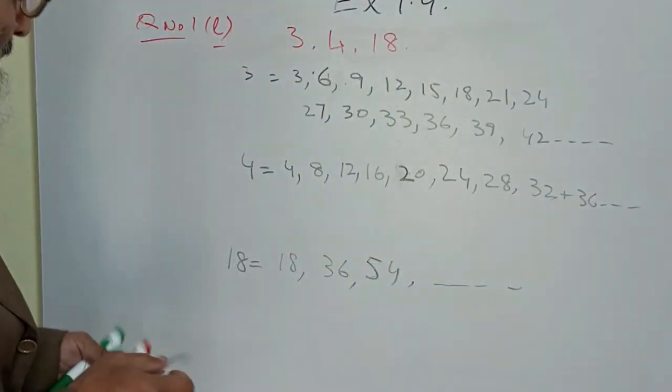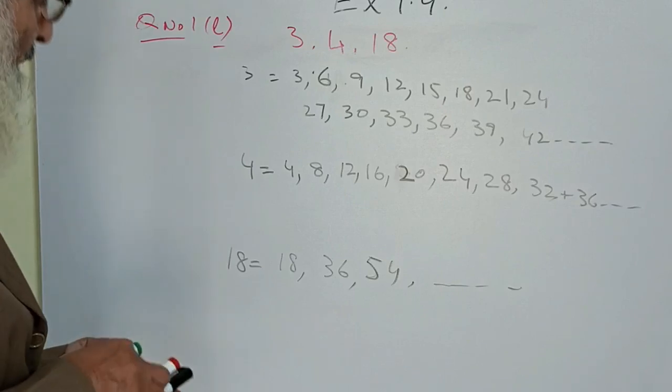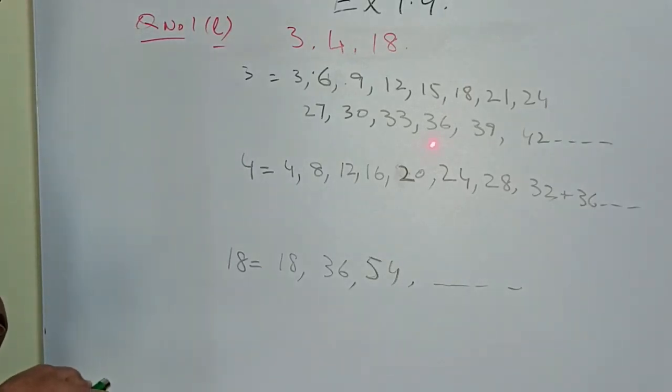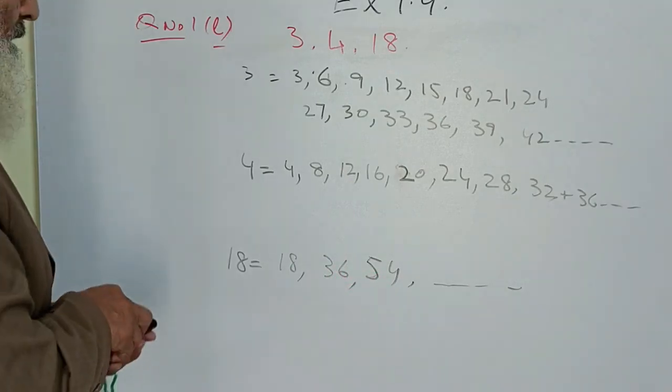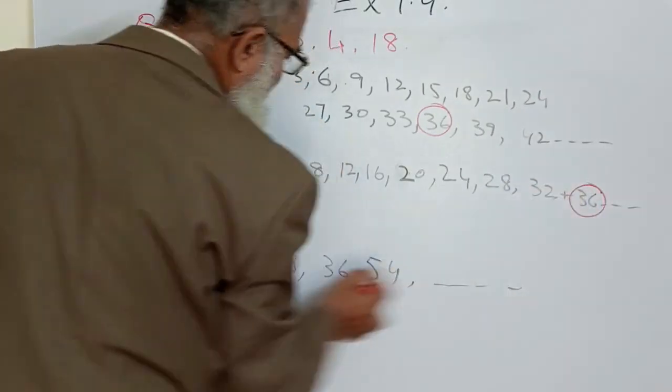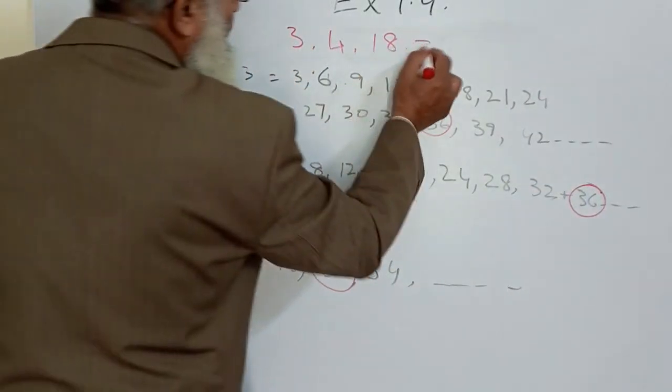So students, the marker is getting lighter. We get the common number here is 36, 36 and 36. So this is our required answer, and the LCM is 36.